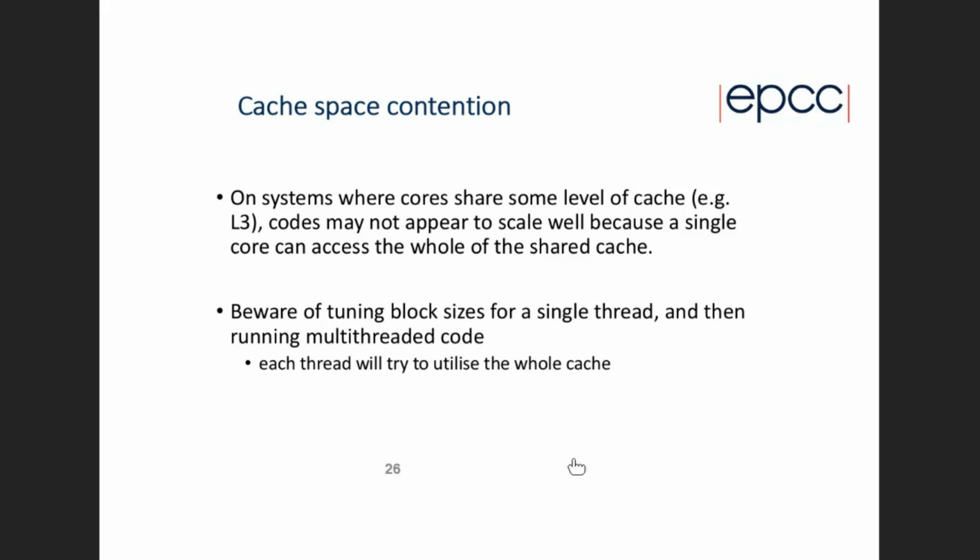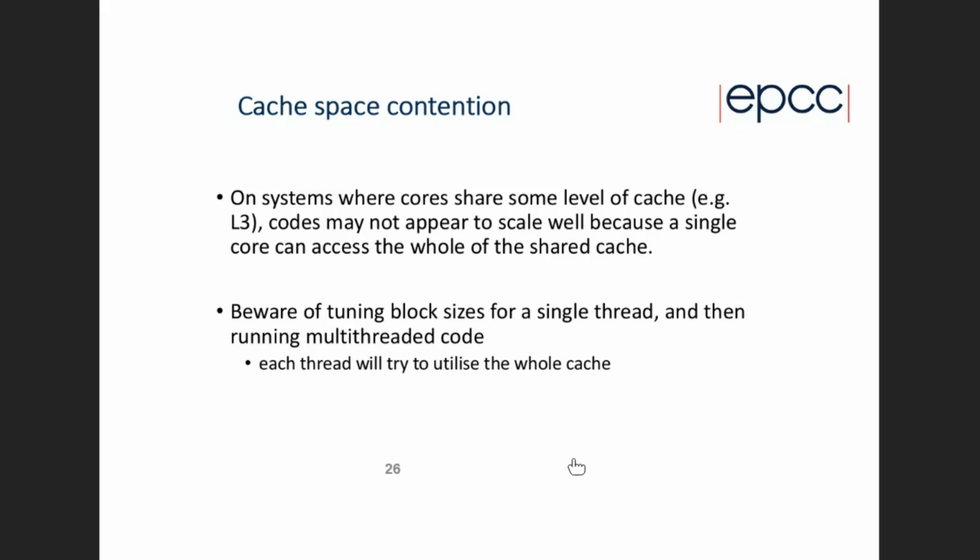Okay, so that brings us nicely on to cache space contention. We see where cores are sharing some level of cache. Your codes might not appear to scale well because a single core can access the whole of the shared cache. One consequence of that is if you're doing aggressive tuning for cache blocking, then you have to be careful if you do your tuning on a single thread, but what you're actually running is multi-threaded code.